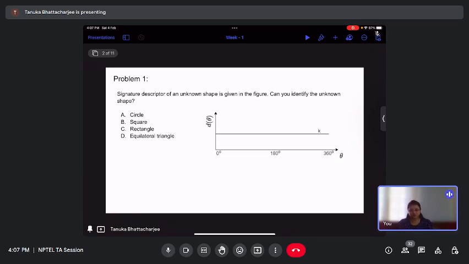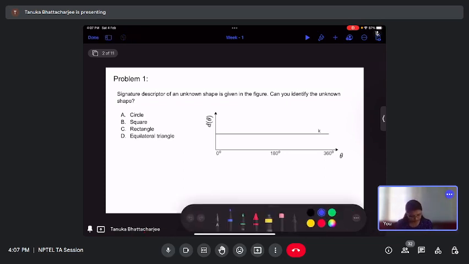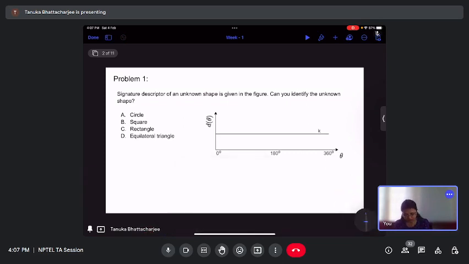So, as we know what is a signature descriptor. If you are given an unknown shape like this, you have to first take the centroid of this shape and you have to take a reference direction. Let us say I take the horizontal direction as the reference direction.